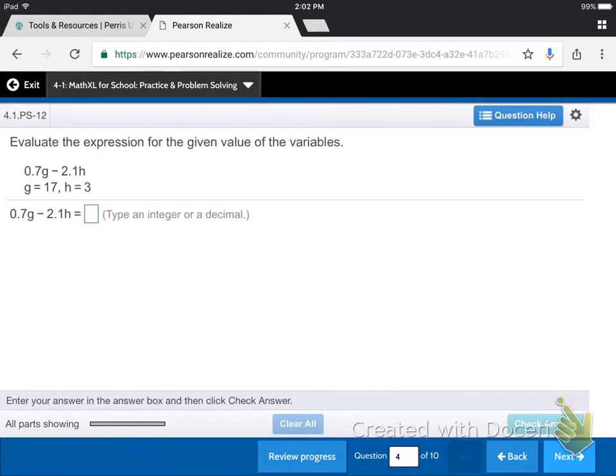The next problem says evaluate the expression for the given value of the variables. 0.7g minus 2.1h when g is 17 and h is 3. So let's do the same thing we did last time. 0.7 times 17, that's g, minus 2.1 times h, which is 3.